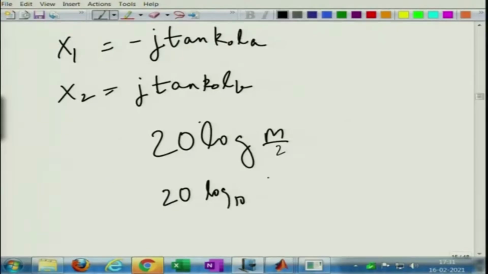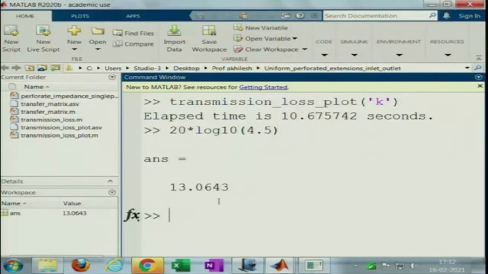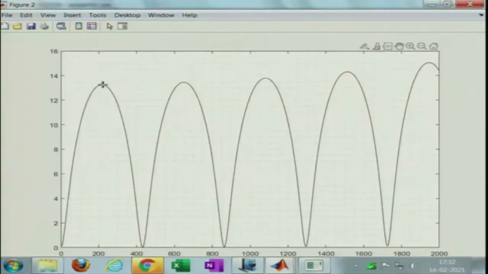So, this would become 3 squared, that is 9, so this will become 4.5, and if we ask MATLAB to help us with the computation, we will get 20 log 10 of 4.5, which is 13.06 for a simple expansion chamber. And what are we getting here? We are getting 13.27, very close to that, because the perforate impedance has a certain value.